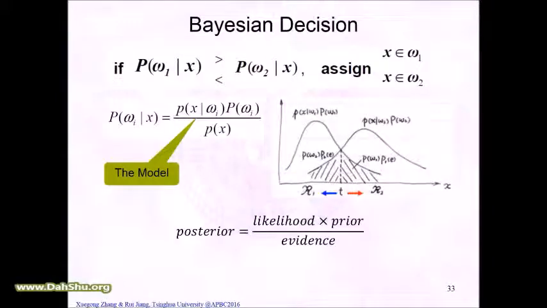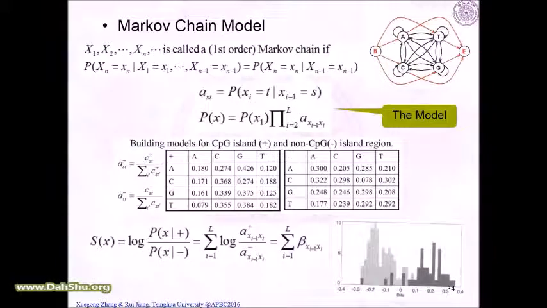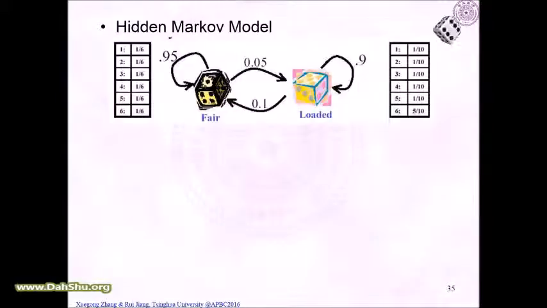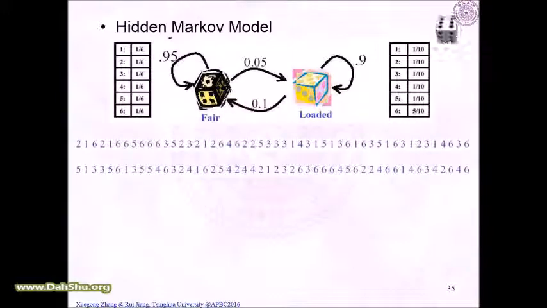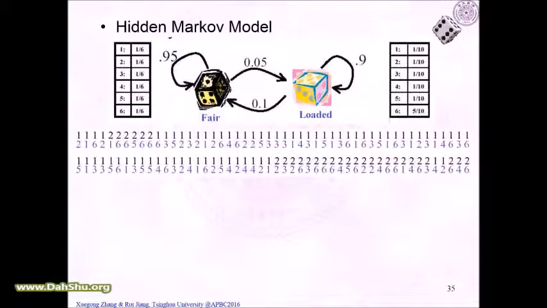So we have a Bayesian classifier, which is a probabilistic model of your data. And when we have, say, DNA sequence, the discrete data, we can have a Markov chain model, and we can have a hidden Markov model. For example, this casino example. What we observe are the outputs of the die, and what is behind is which die you use.